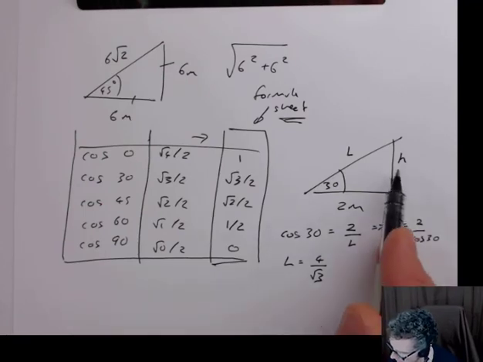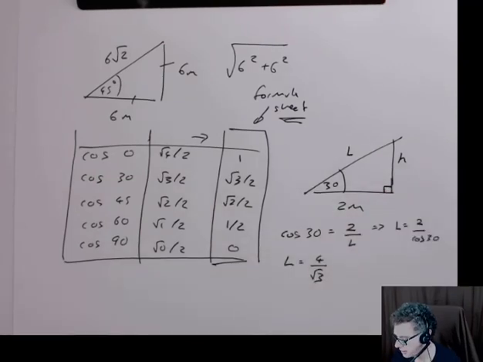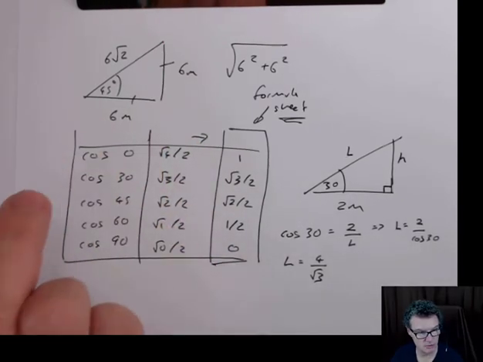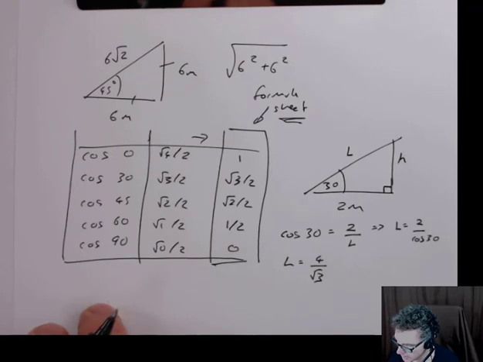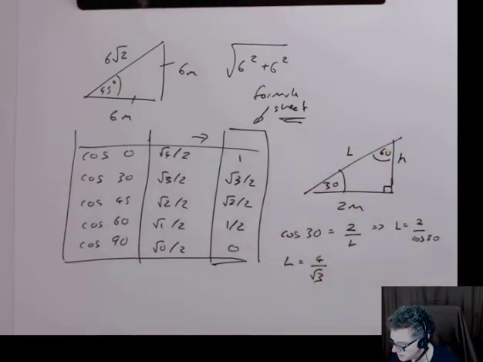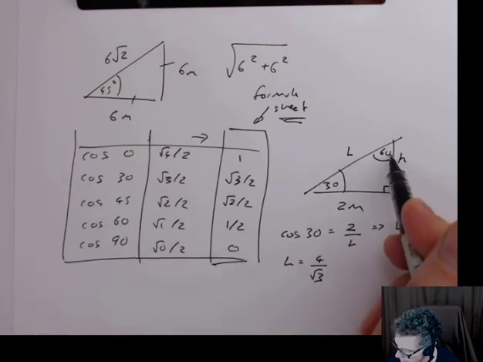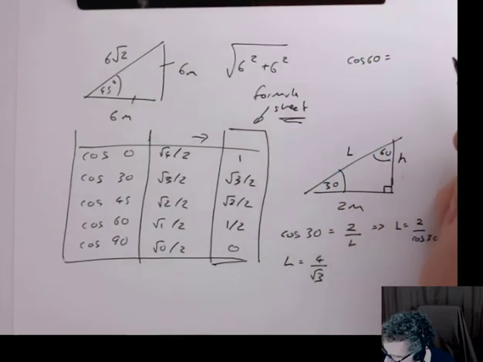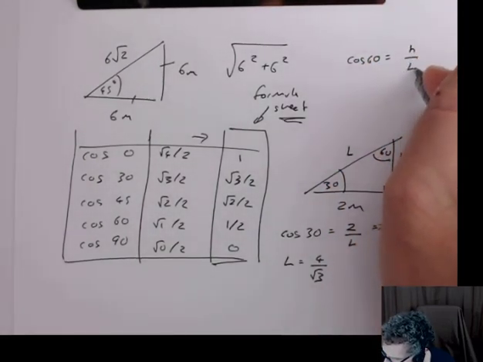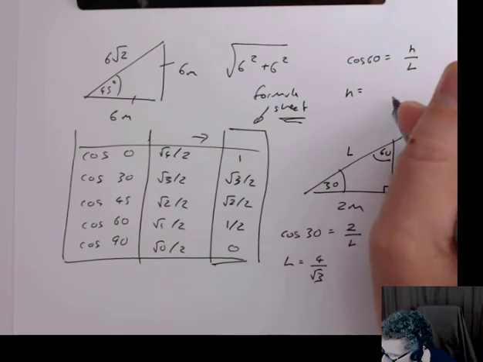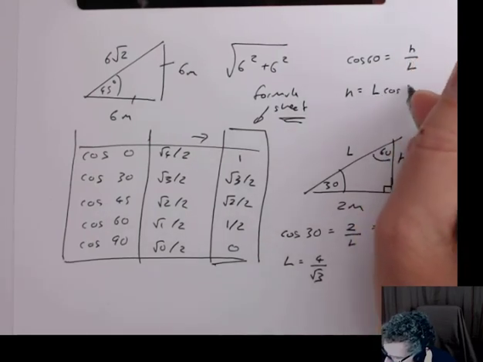And now for h, as I said, just use one table and use one trig function. That's all we need in statics stress. So let's work out the other angle. That's going to be 60, and then you could use cos 60 here. So cos 60 equals h over L. So h is going to be L cos 60.